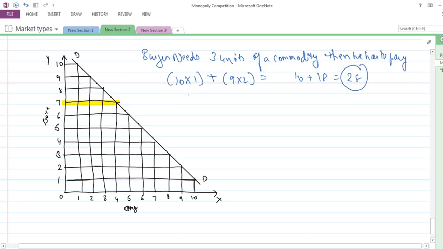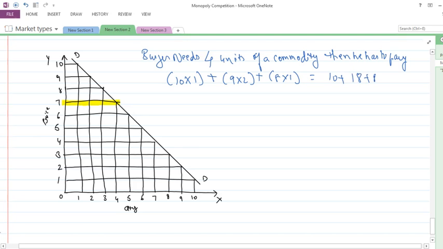So essentially, if a particular consumer wants to buy 4 units, okay, instead of the 3 units we had here, let's make it 4 units rather than 3 units. Then we will be able to see it in a much easier manner. Plus 8 into 1 is equal to 10 plus 18 plus 8.